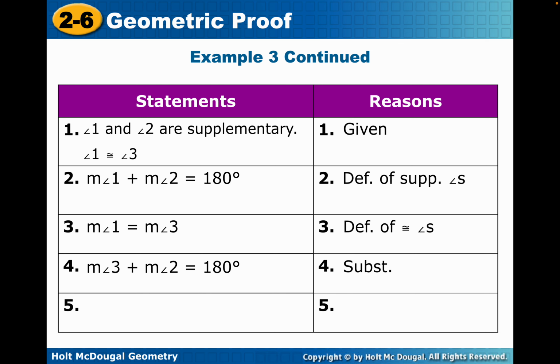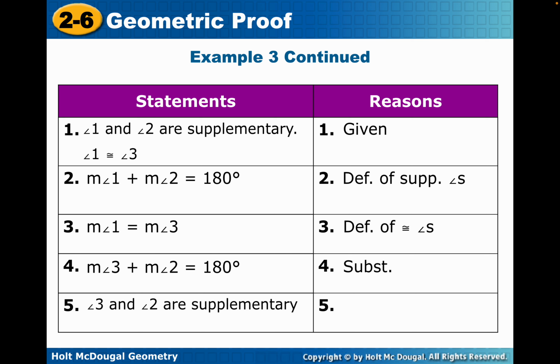Substitution property. Okay? We're just substituting. Our second statement is angle 1 plus angle 2 equals 180. We said angle 1 equals angle 3 here, so we can just substitute angle 3 for angle 1.